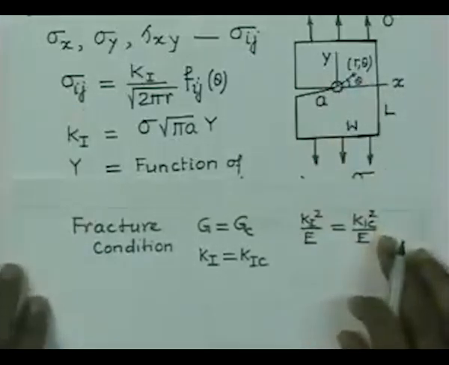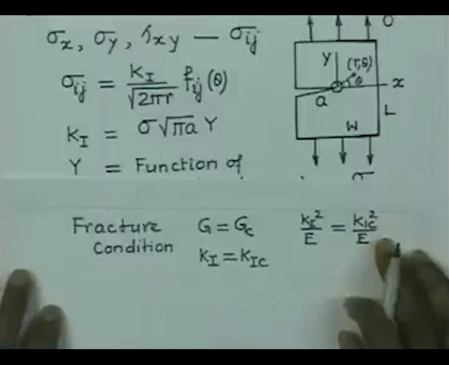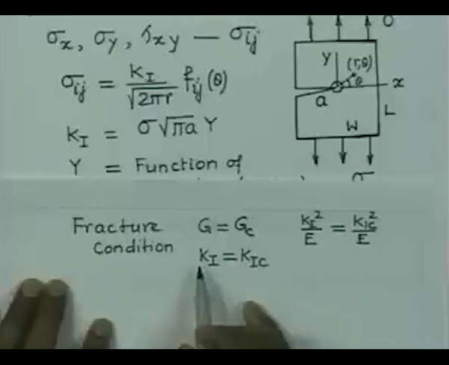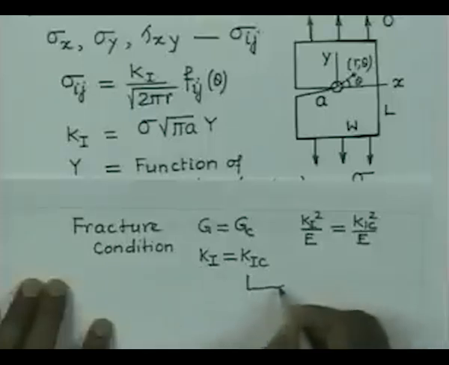Please note that in this case the fracture condition has been given in terms of the distribution of stresses over a zone rather than at a point. So, fracture triggers when Ki equals KIC, and this KIC is considered to be the fracture toughness.